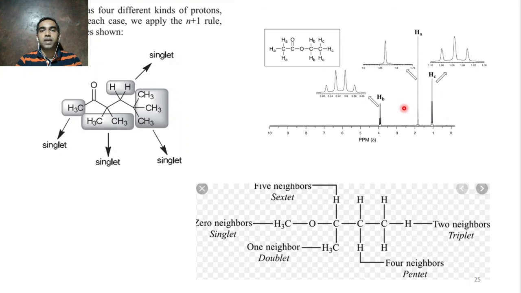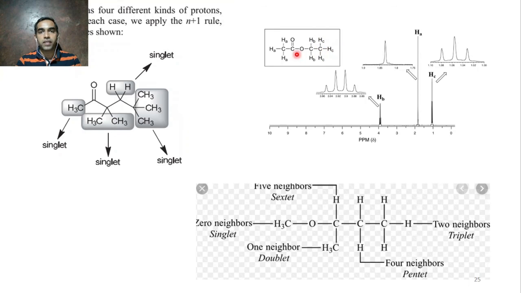Okay, now which will come downfield and which will come upfield, how will you predict? The one which is closer to an electron withdrawing group will come downfield. One which has an electron donating group will come upfield. So now out of these, see 3 protons here, 2 protons and 3 protons here. This one is most shielded.